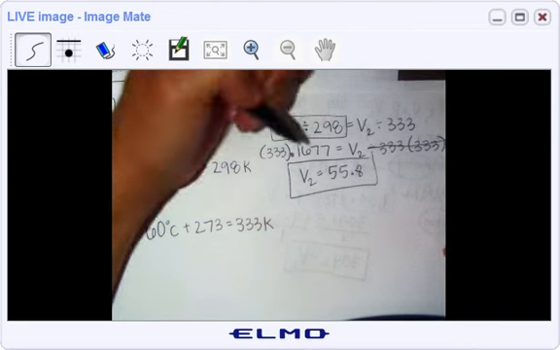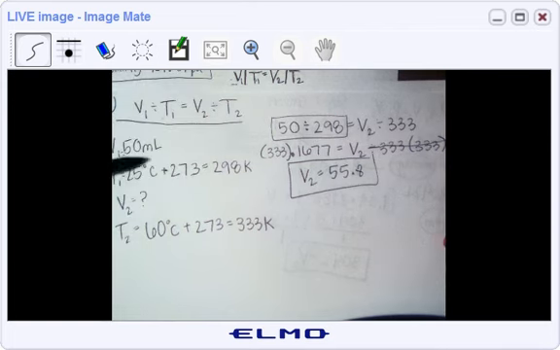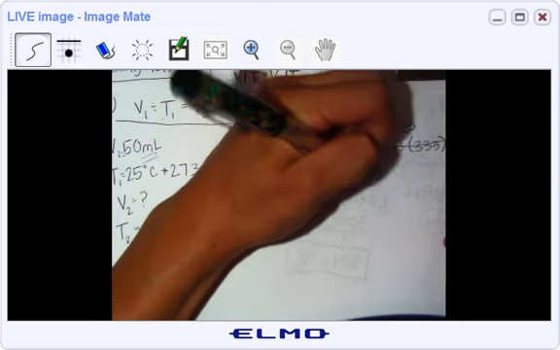Hold on. Oh, wait. Anybody get anything different? Okay, and this is volume, and it's going to be in milliliters.